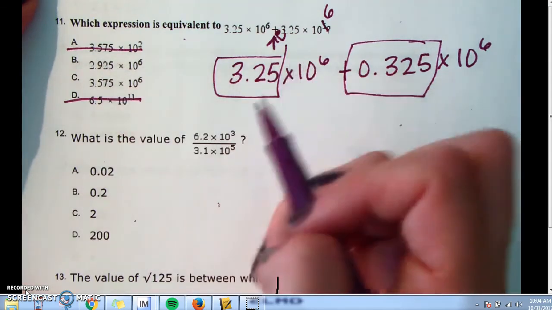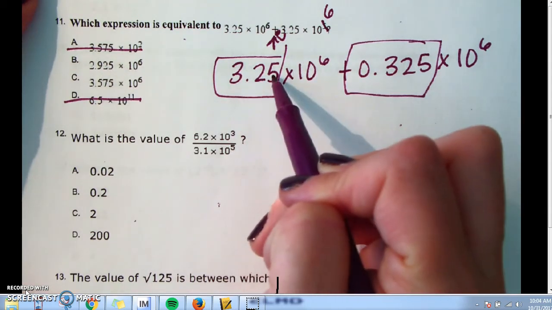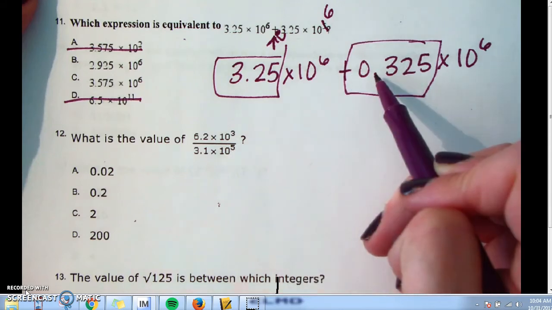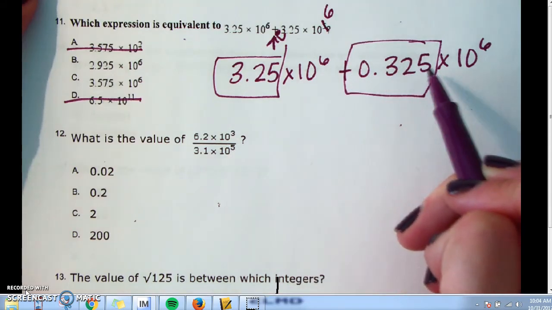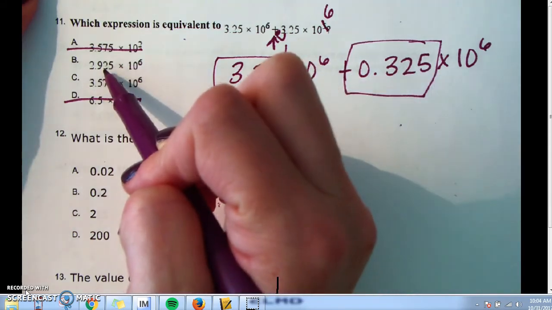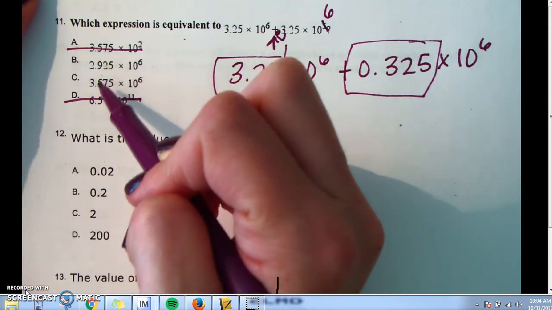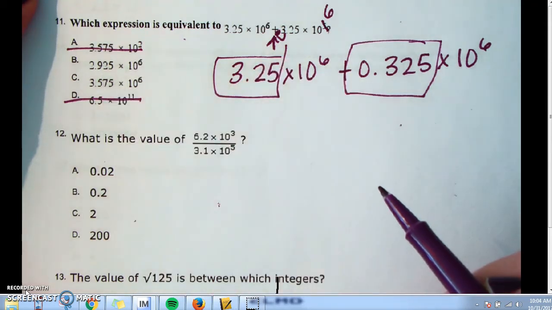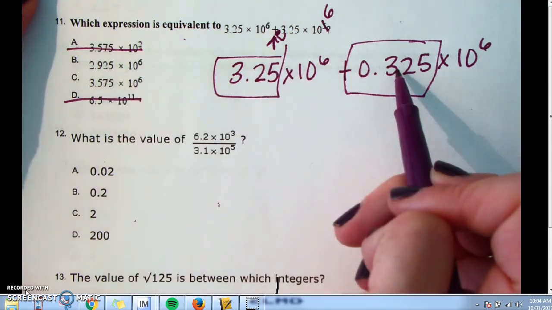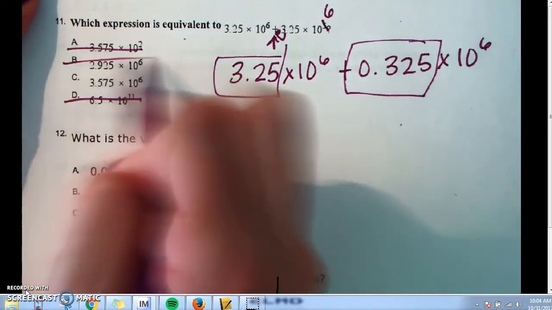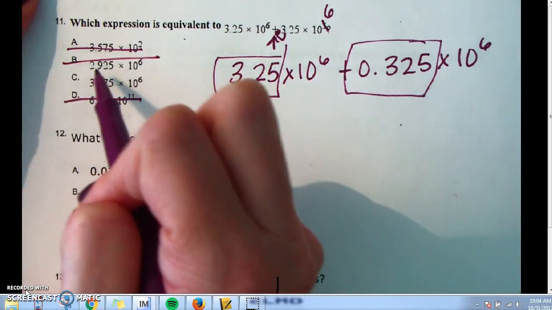So now I'm just figuring out, is 3.25 plus 0.325 equal to 2.925 or 3.575? It's got to get bigger because I'm adding. So there's no way B could be the answer because that number is smaller.